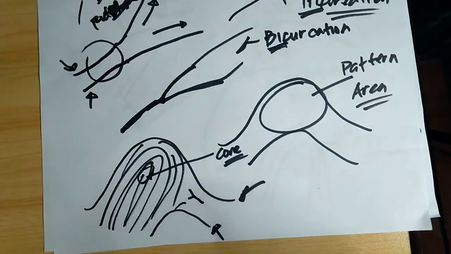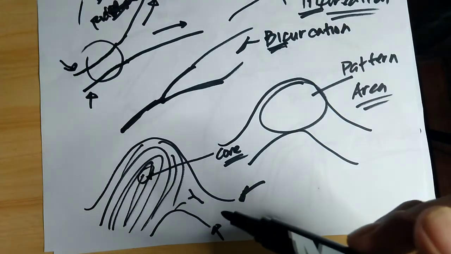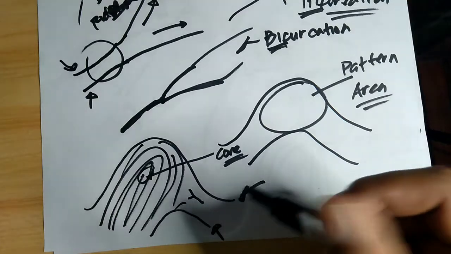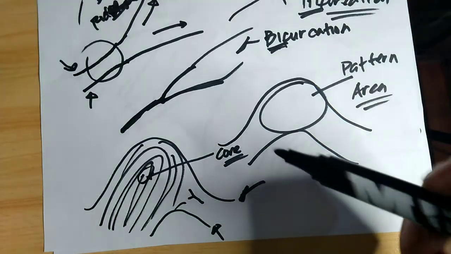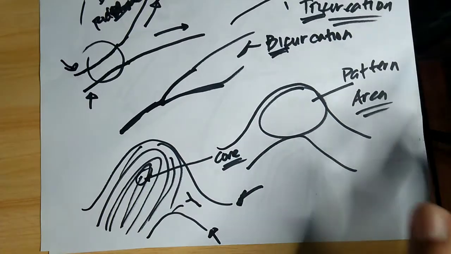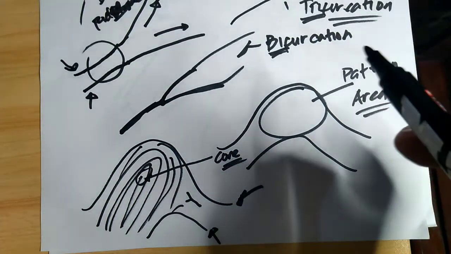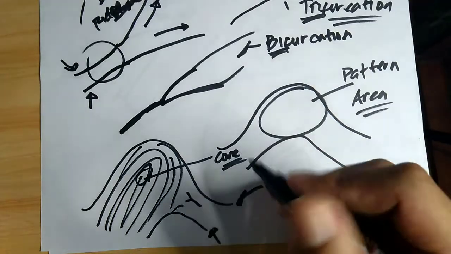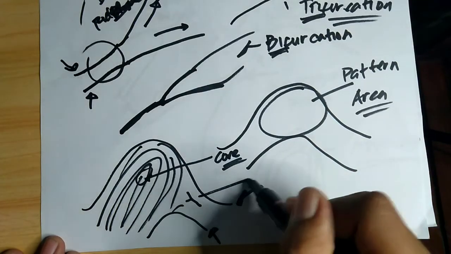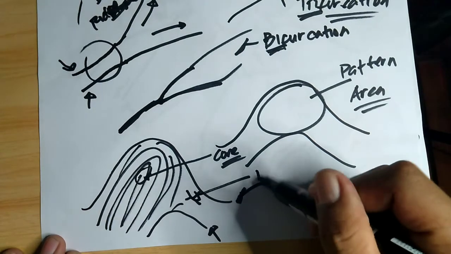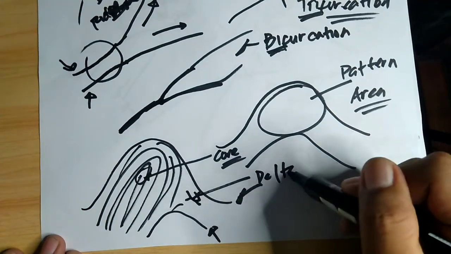Ngayon, the rule for delta is that, pag sinabi nating delta, ito yung mga ridge formation that are located directly or in front or near the pattern, near the center or opening of the type line. So, asan yun guys? So, basically, ito yung type line. Asan ba yung ridge yan? This is now the delta.